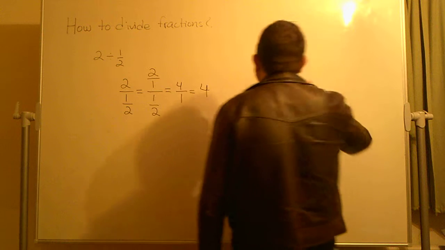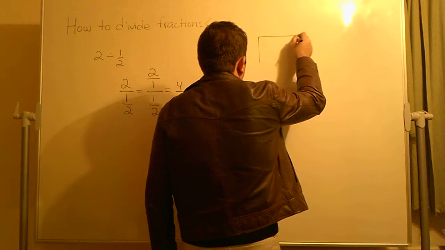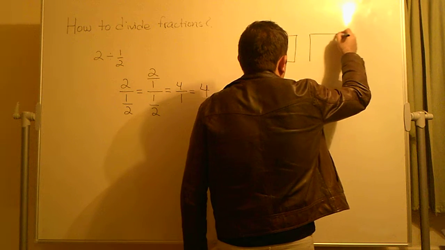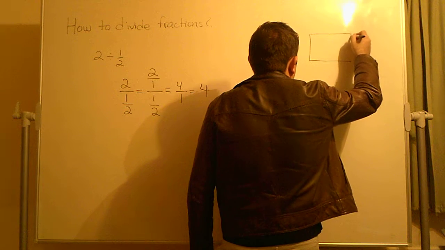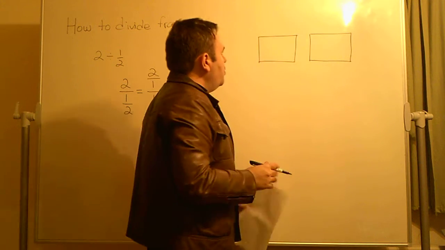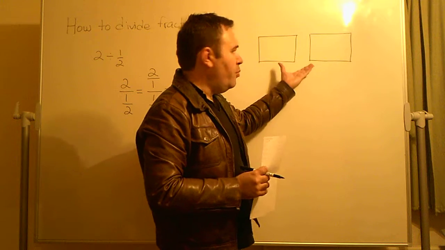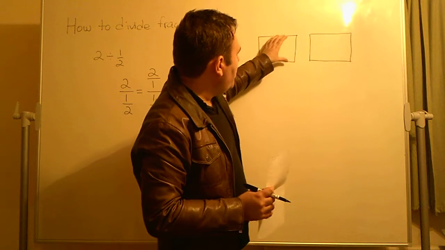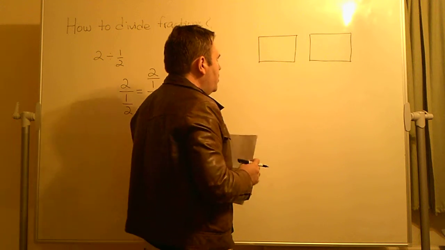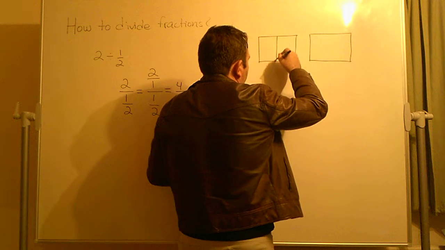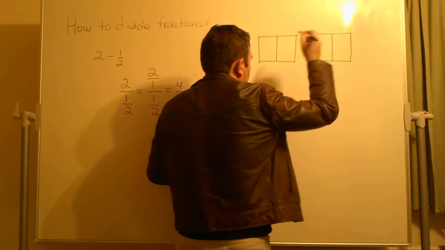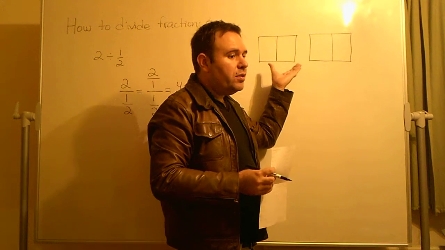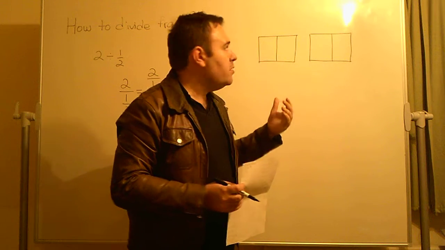So let's assume that we have 2 units, which could be 2 cake boxes. Let's assume that they are cake boxes, and we are going to fit a cake in each of them. So if we divide the cake into 2 slices, we have 2 cakes or two cake boxes, and we are going to fit halves of cakes.